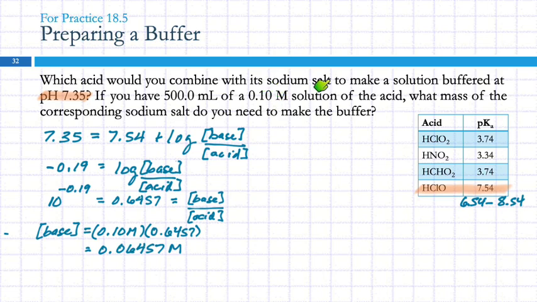So, how do we figure out what the sodium salt of an acid is? Take away the H and add Na. Yeah, we're going to swap Na plus in for the H. Right? So that will be NaClO.